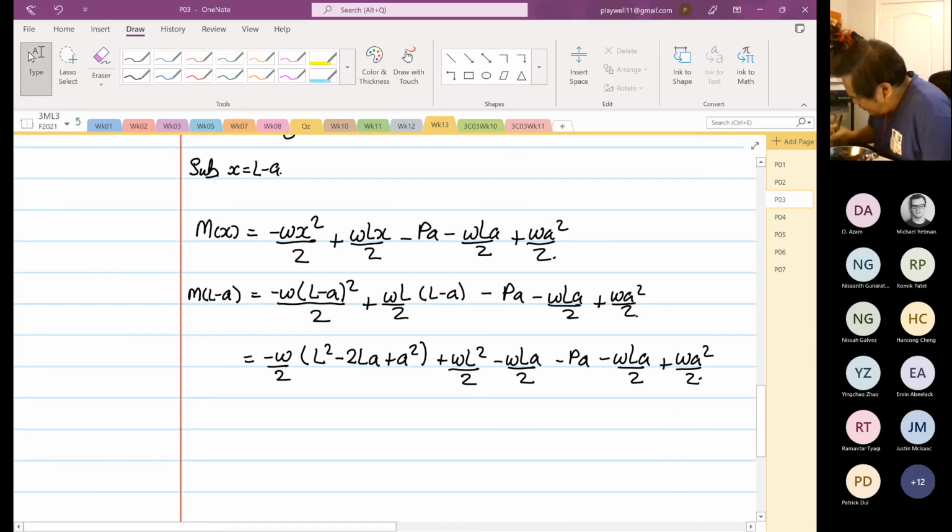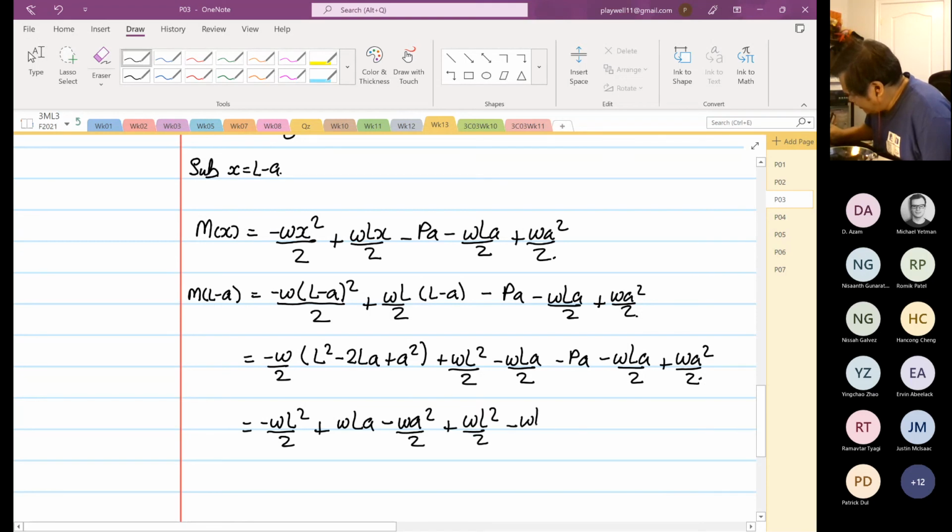So now you introduce everything in: minus omega L squared over 2 plus omega LA minus omega A squared over 2 plus omega L squared over 2 minus omega LA over 2 minus PA minus omega LA over 2 plus omega A squared over 2.